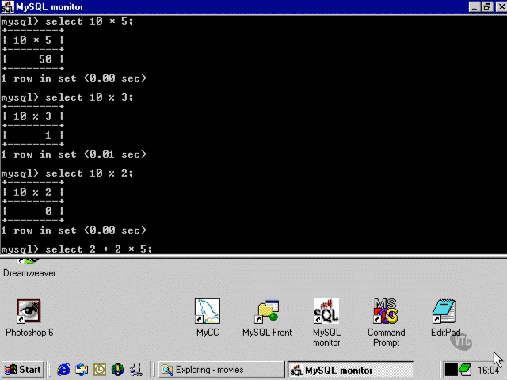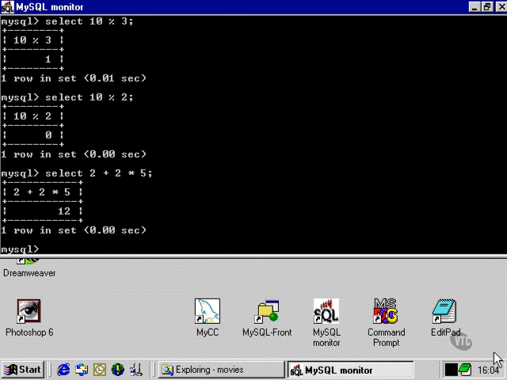Or will MySQL interpret the expression as 2 plus 2 times 5, which is 10, and give the result 12? The answer is that MySQL will always do the multiplication first, so the answer in this case is 12.